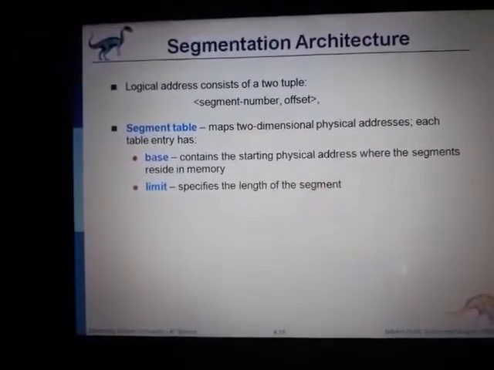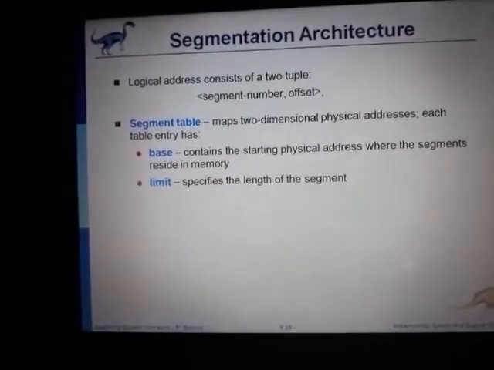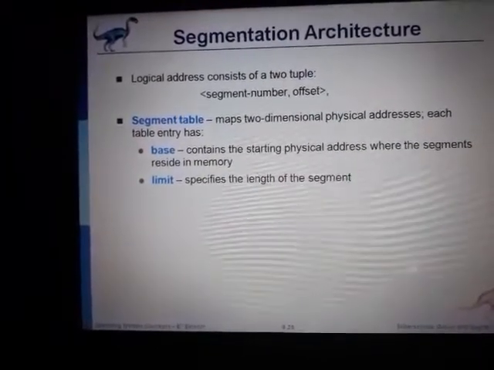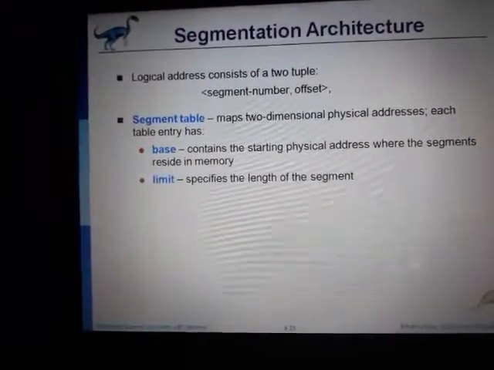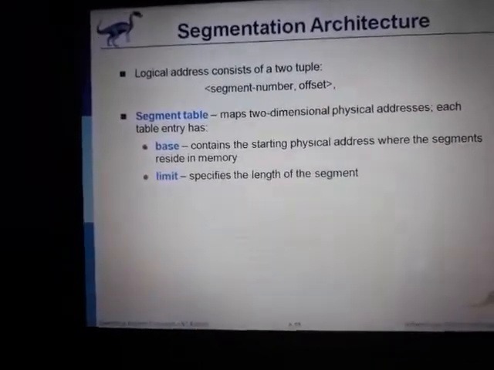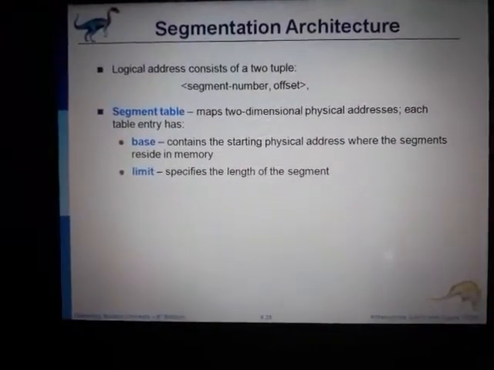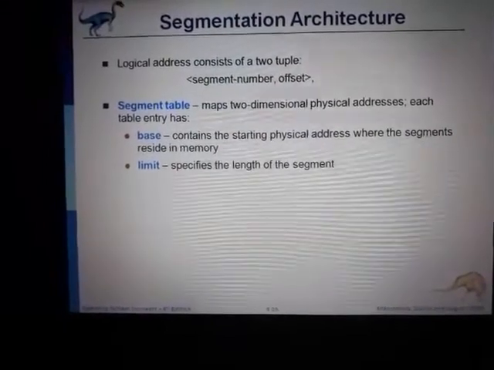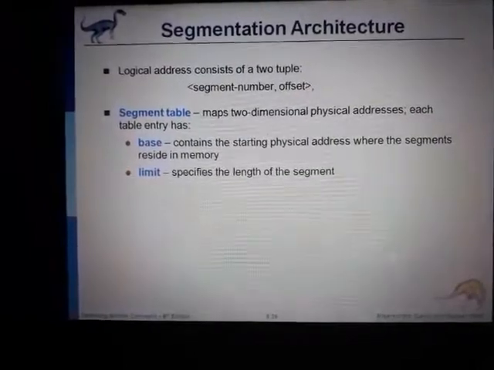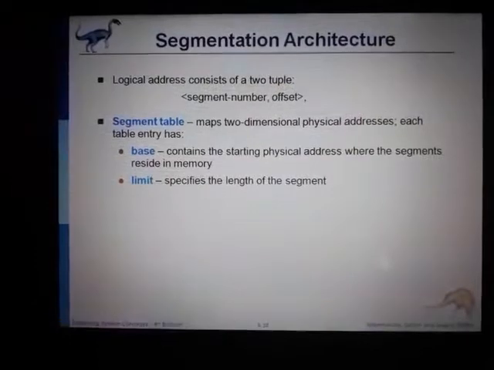Base contains the starting physical address where the segment resides in memory, and limit specifies the length of the segment.